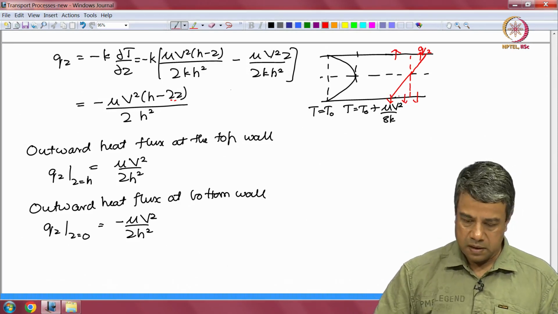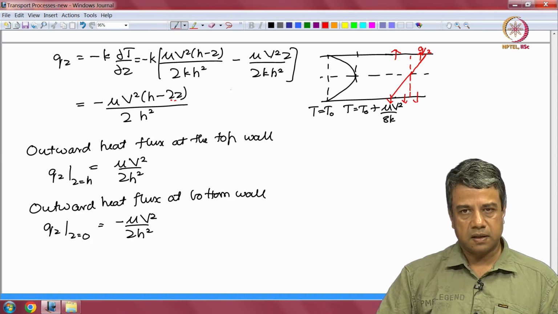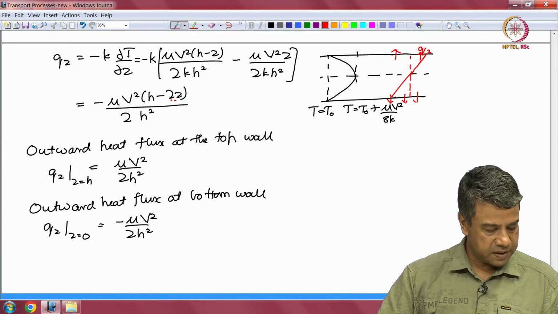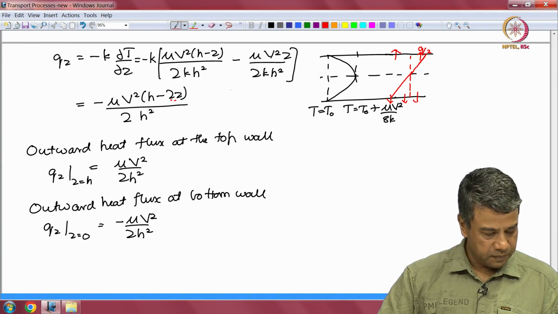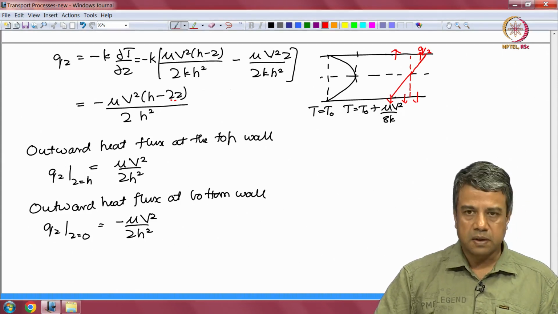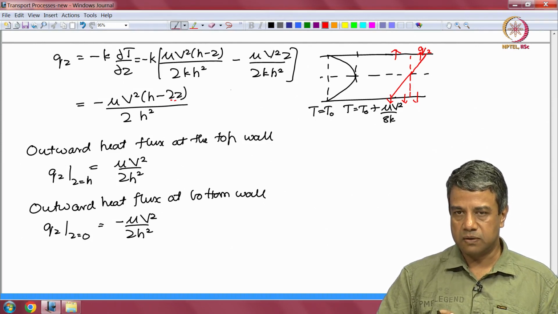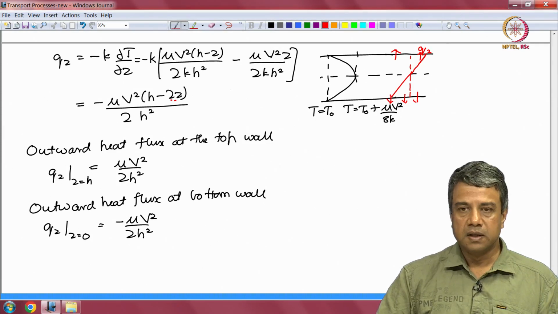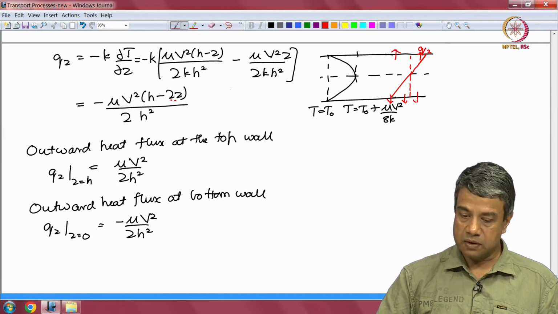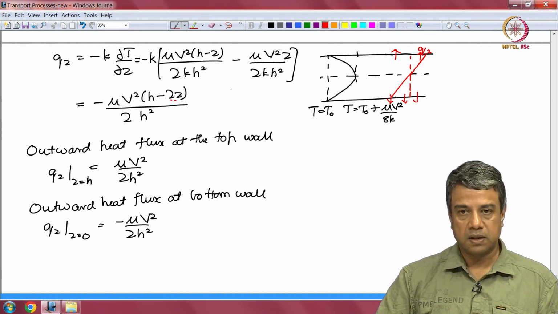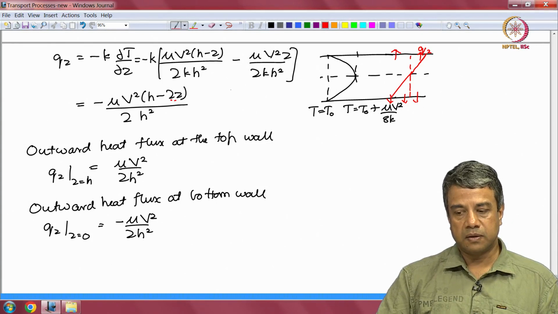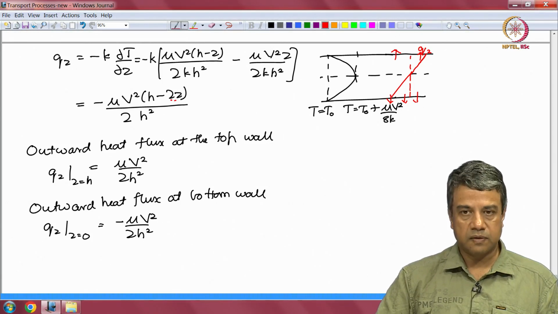So, these are the fluxes at the top and the bottom walls due to the viscous heating. So, now the total heat that is generated in the channel is equal to the flux going out through both of the walls. Therefore, the flux going out through both of the walls is mu v square by h square, that is the total amount of heat going per unit area per unit time of the walls.